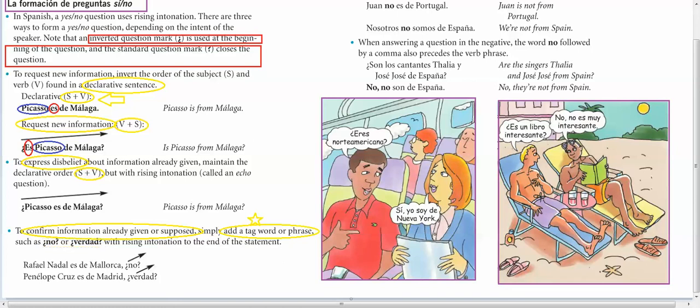It's how you say right. So if I want to say Rafael Nadal es de Mallorca, ¿no? So you make a statement and you're not completely sure that your statement is correct, then you just add a no or a verdad onto your declarative statement. Okay, so those are the three different ways that you can form questions.